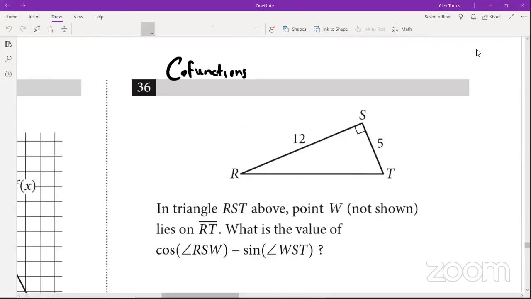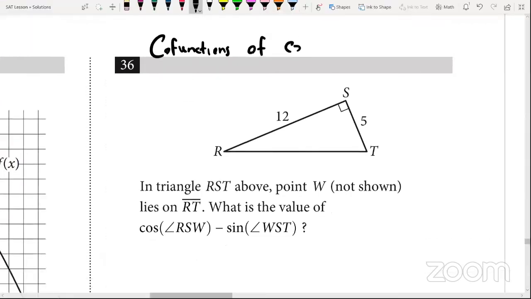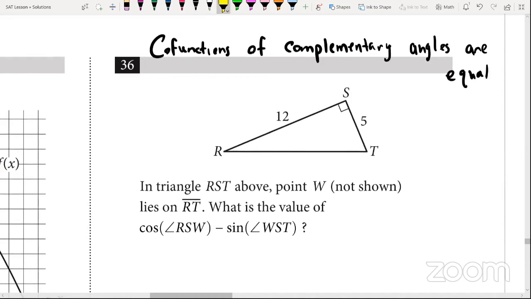It's getting at the idea that co-functions of complementary angles are equal. So very important little saying for the SAT. And they just give this same situation in different ways on different tests.